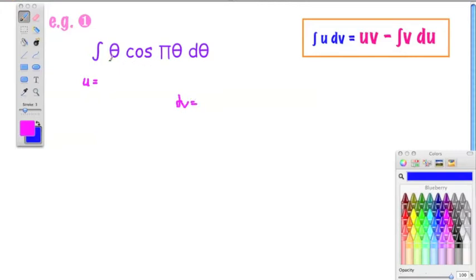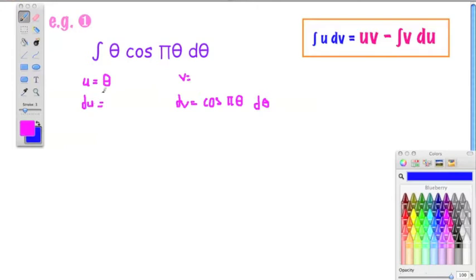For u, we will take theta, and we'll take cos pi theta d theta as dv. And then we will find du and v.